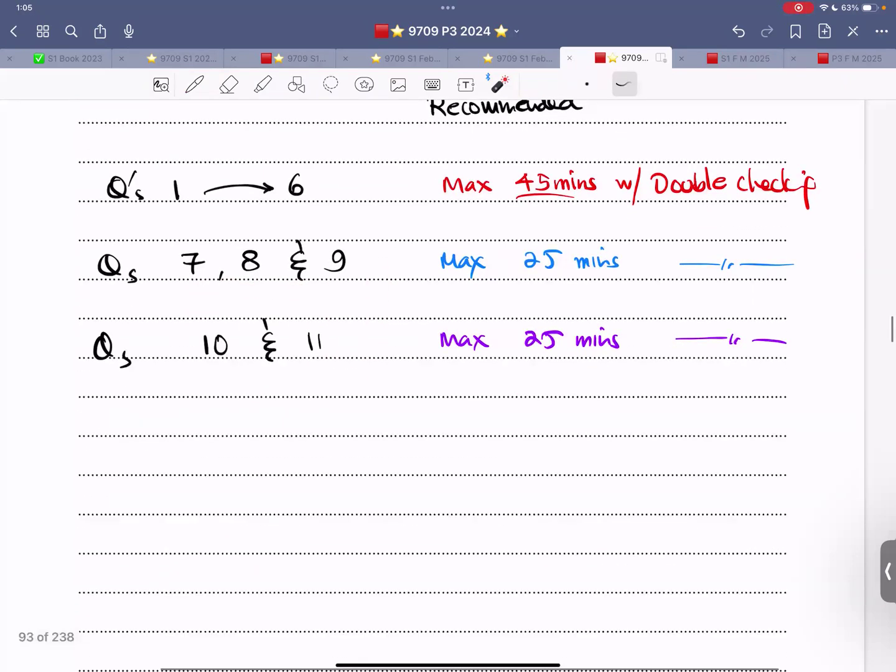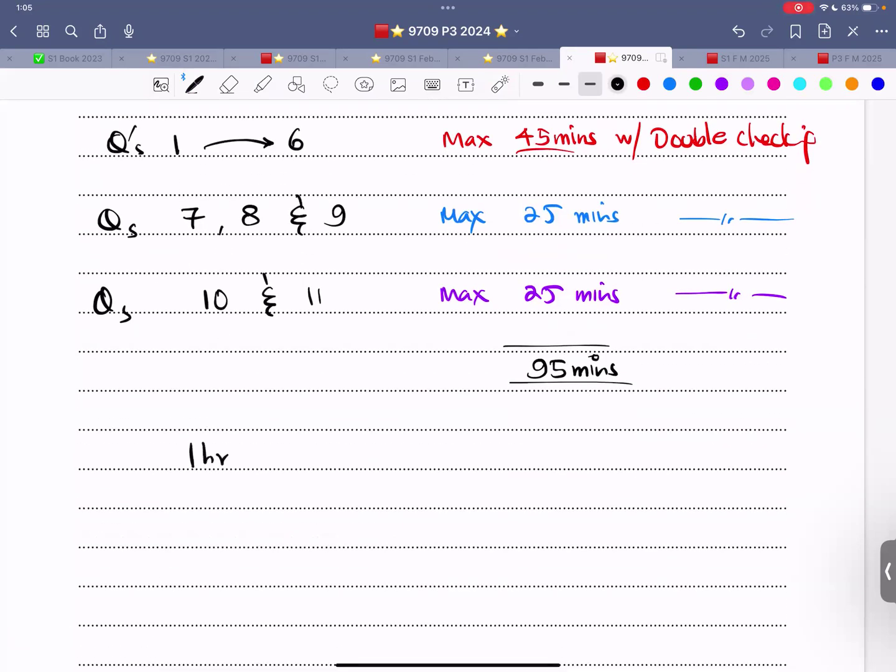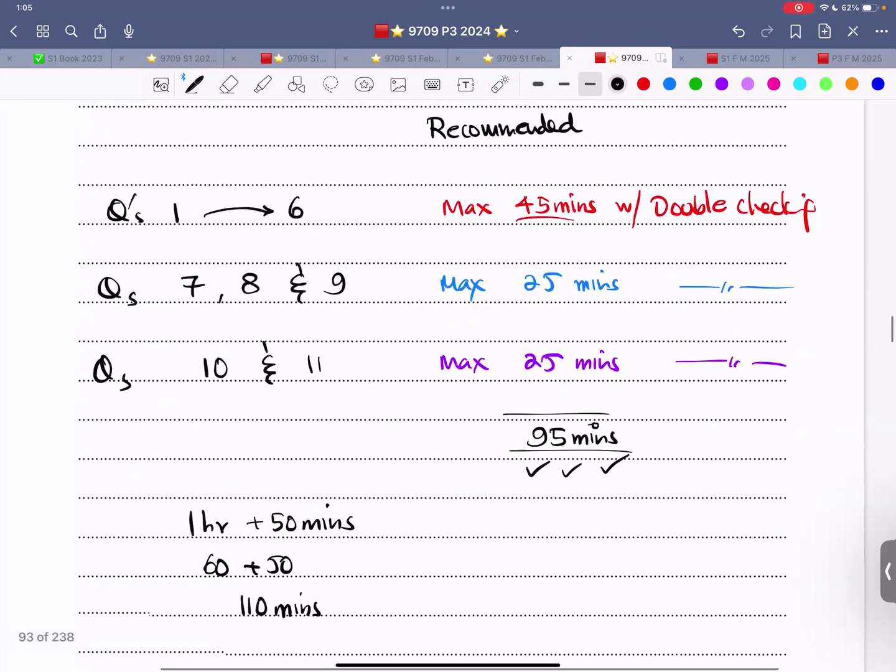So 25 and 25 is 50, 50 plus 45, 95 minutes. So this is like 95 minutes. How much time are you given? You are given 1 hour plus 50 minutes. That is 60 plus 50, that is 110 minutes. So if you finish comfortably by 95 minutes, still if you skip one part, you can come back to it later.